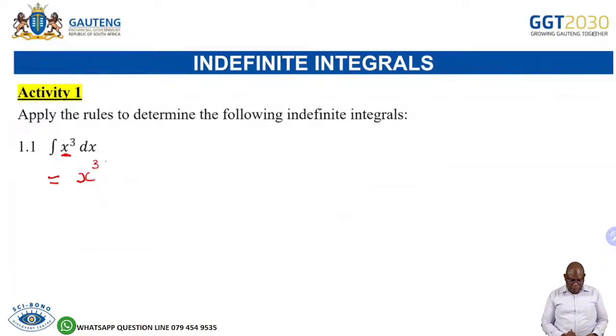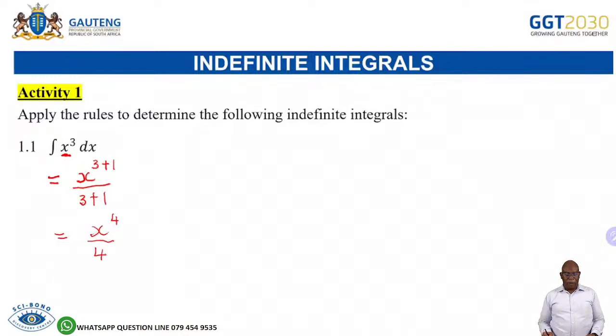It's 3 plus 1. We are adding a 1 on the 3. What do we do on the denominator? We take 3 plus 1, we put it there as it is. Then we can quickly write down the answer, which is going to be x to the power of 4 all over 4. All right. So that is the integration. This is how we integrate. So integration is very, very easy.